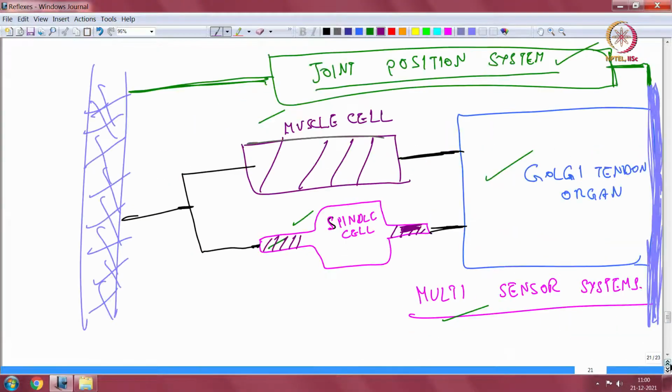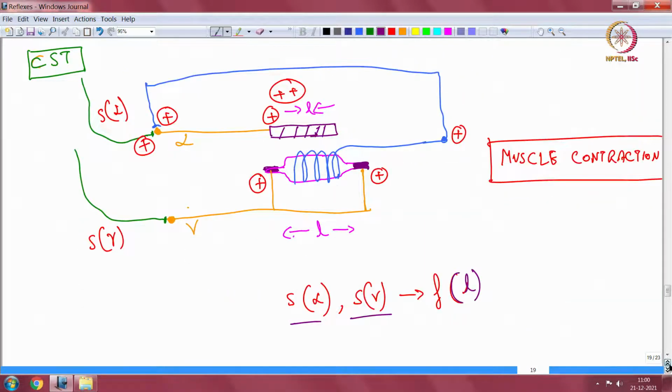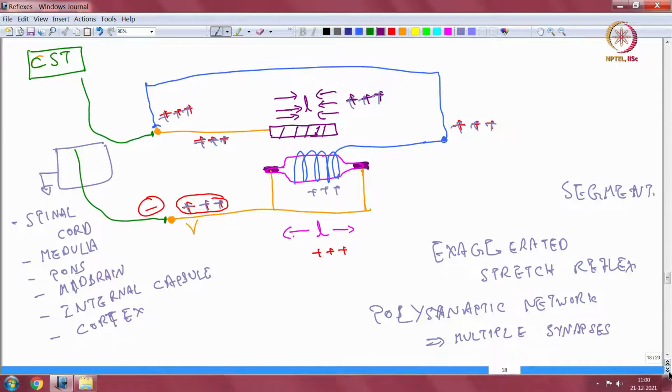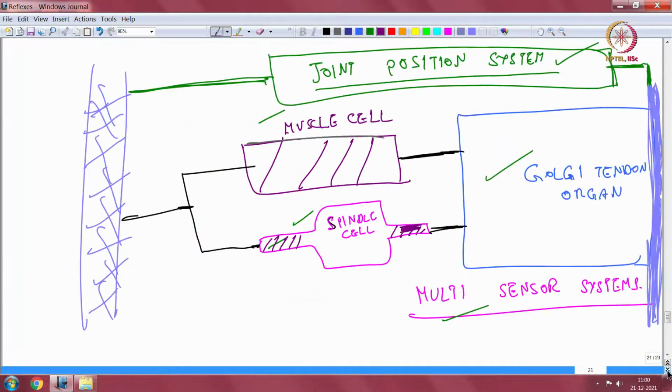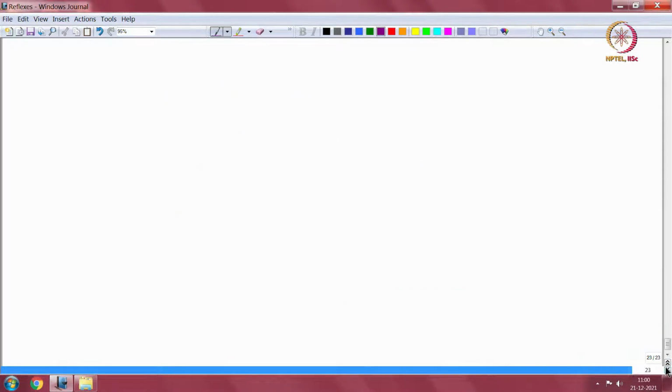So, that is the idea of the motor unit and the purpose of the motor unit. Somewhere before I have spoken about the inverse stretch reflex, for which I had to introduce the concept of Golgi tendon organ, and okay.